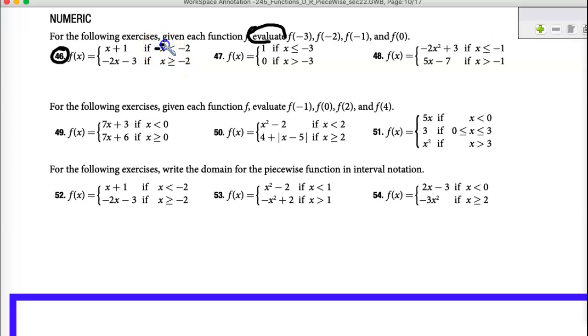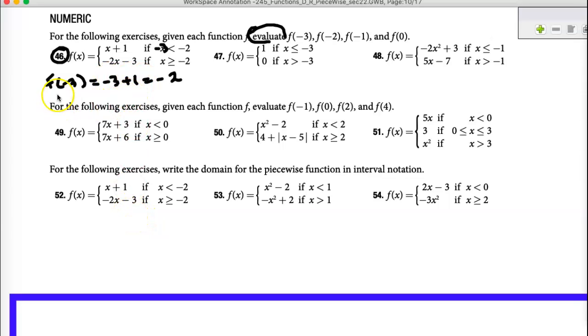Is -3 less than -2? Is -3 greater than or equal to -2? Which one is it? Well, it should be the first one. So when you're evaluating f at -3, then this is going to be -3 plus 1, which is going to be -2.